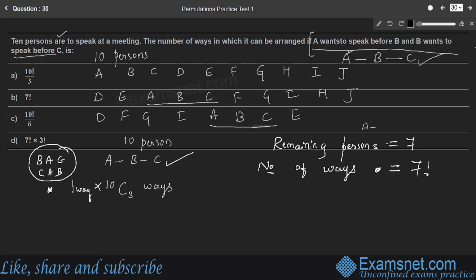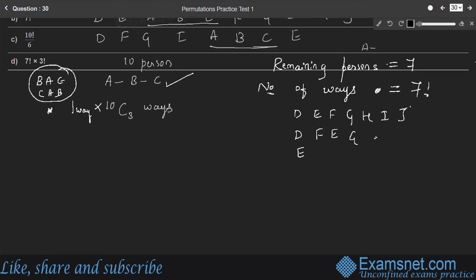That means if you consider D, E, F, G, H, I, and J, these 7 persons, you can arrange them in many ways, like D, F, E, G, H, or you can consider E as the first person, then F, G, D, like this. In factorial 7 ways, the arrangement of 7 persons can be done.